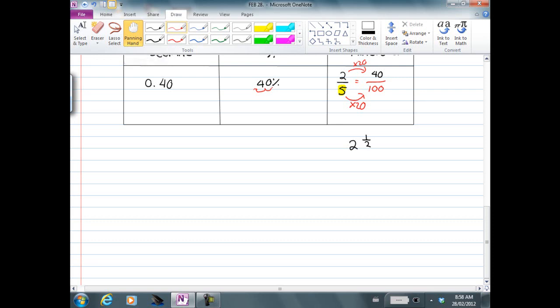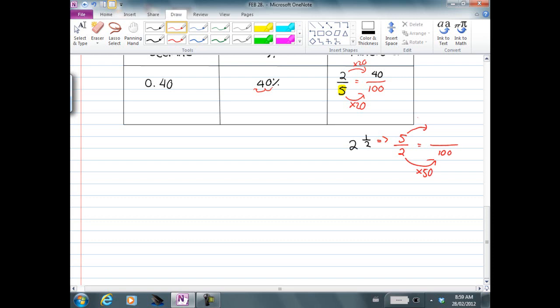The answer is up to you. If you want to, you could. Let's write this as 5 over 2. Okay. Now 5 over 2, if you want to just do this converting, this is going to be 100. I times this by 50.